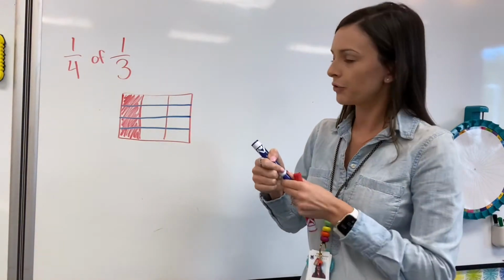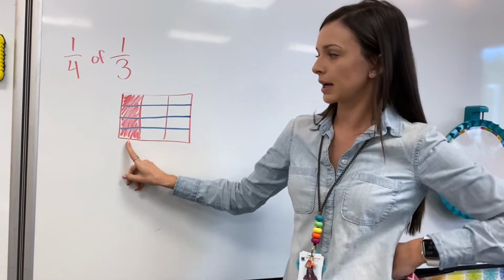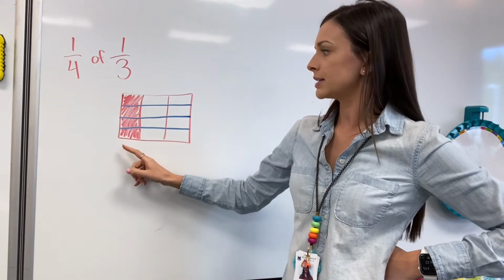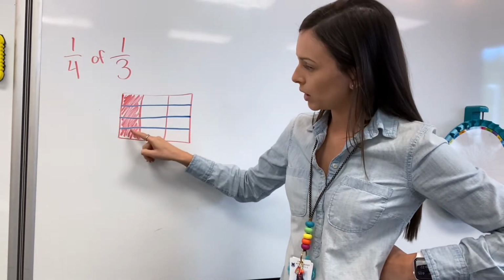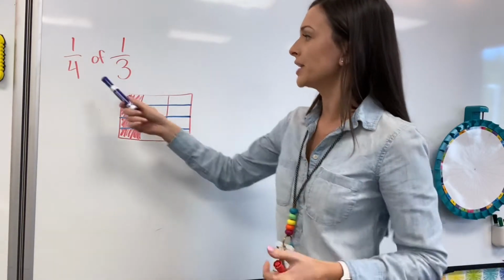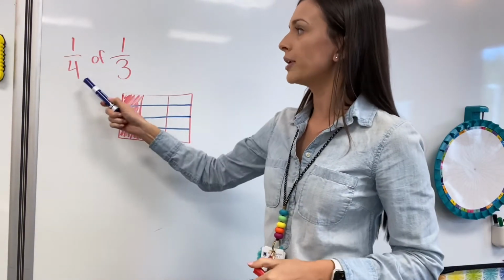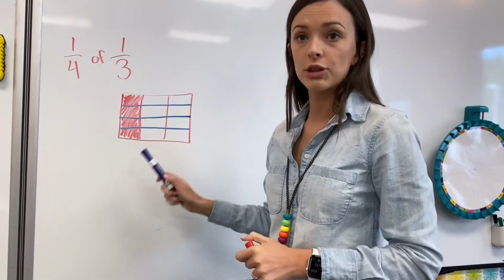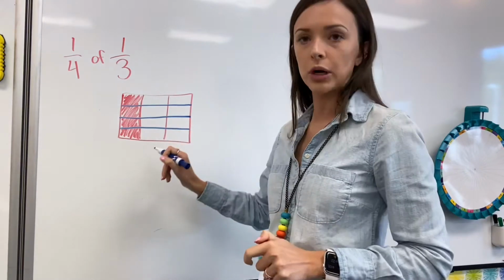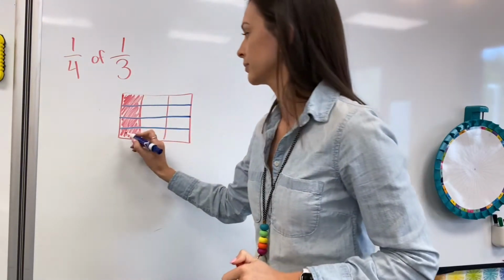So now, if you're just looking at the red section, for example, instead of 1/3 now, it is actually split into 1, 2, 3, 4 equal pieces. So if I just drank 1/4 of that 1/3, I'm going to highlight one of those fourths of the 1/3.